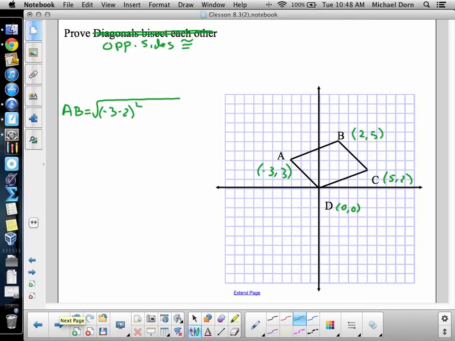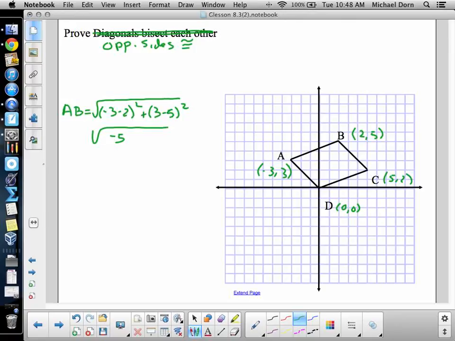What? No, this is 5, 2. Oh, okay. This is 2, 5, yeah. So AB would be negative 3 minus 2 squared, plus 3 minus 5 squared.